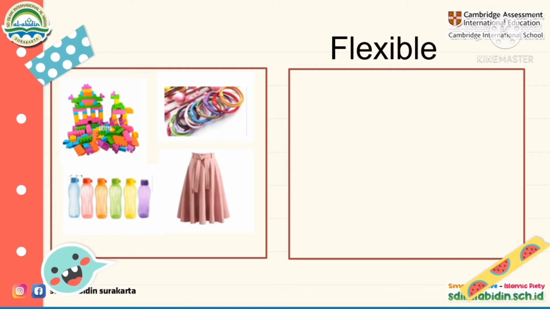If you don't know, you can have a look. So which one is the flexible one? In my opinion, the flexible one is the rubber band. Let's see if you are right. If you say the rubber band, you can put it on your hair, you can tie your hair with the rubber band.